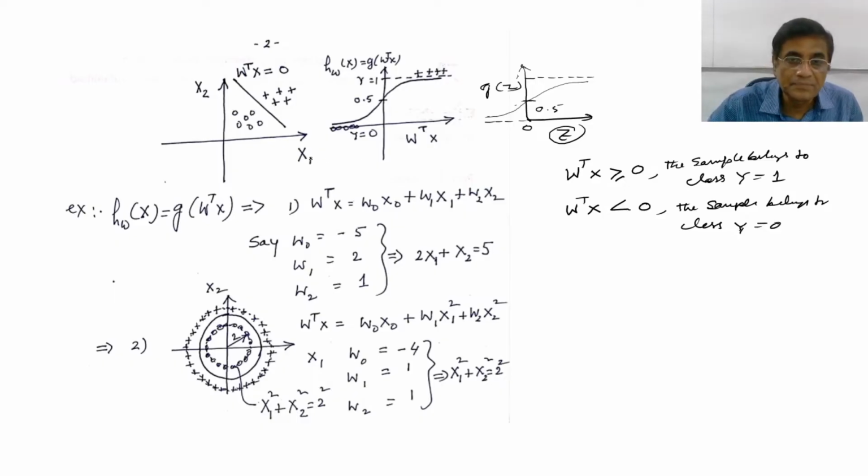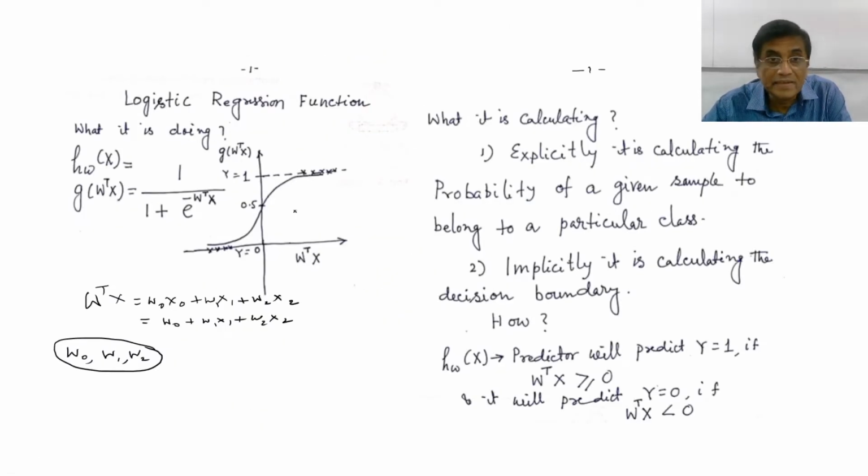I am telling you implicitly, because my predictor is this function, and within this function you have e to the power minus w transpose x, and this is actually the condition.